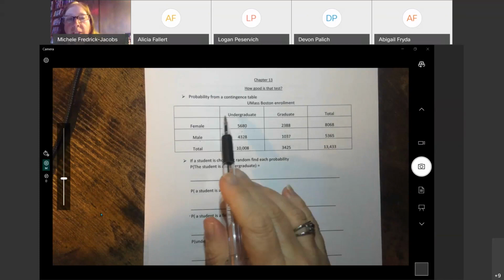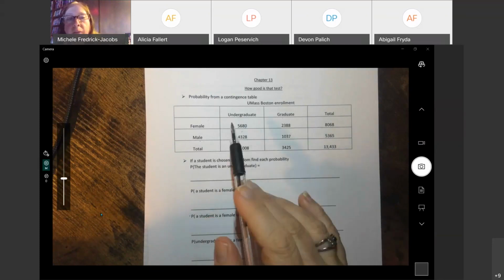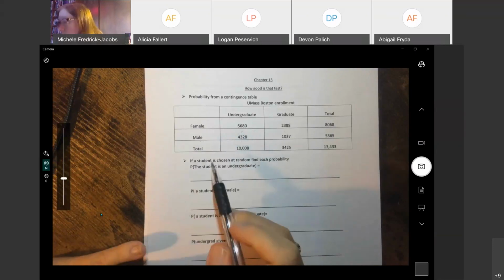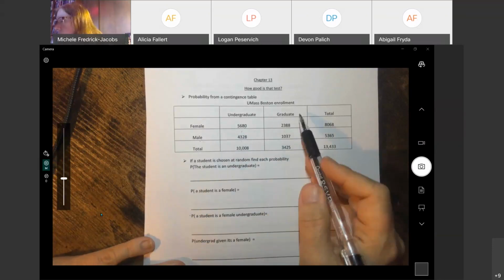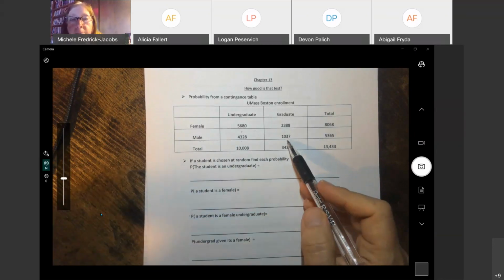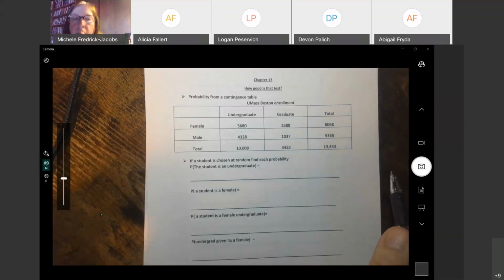Any questions on reading the table? So if we wanted the number of males that were graduates, we'd go across for males, down for graduates, 1,037. Any questions so far?